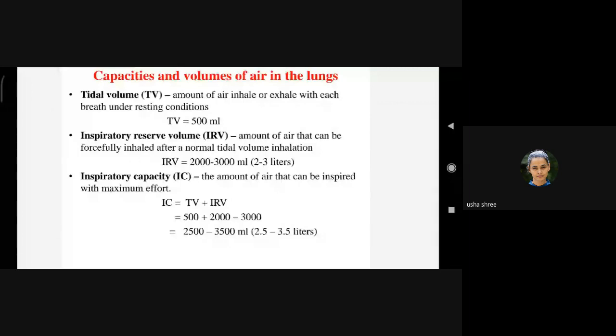So if tidal volume is 500 and inspiratory reserve volume is 2,000 to 3,000, then the inspiratory capacity is 2,500 to 3,500. Inspiratory capacity is tidal volume plus inspiratory reserve volume.